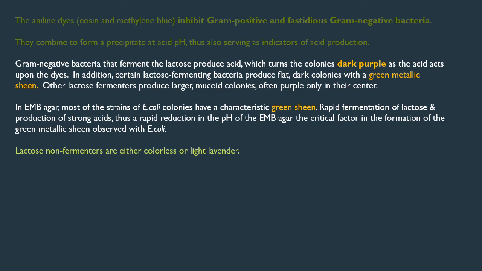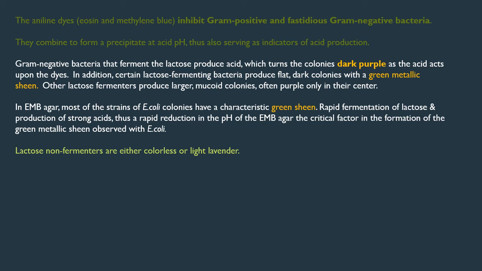Other lactose fermenters produce large mucoid colonies and the color can be purple in center. So this depends on the culture, right? In EMB agar, most of the strains of E. coli show a characteristic green sheen, that is the shiny or metallic shine is seen on the colonies.